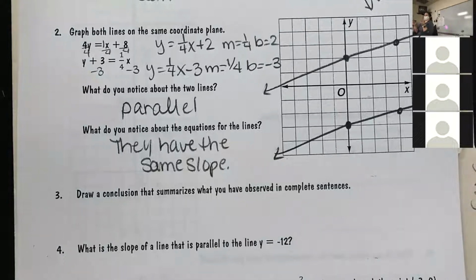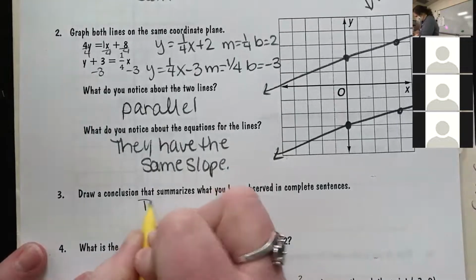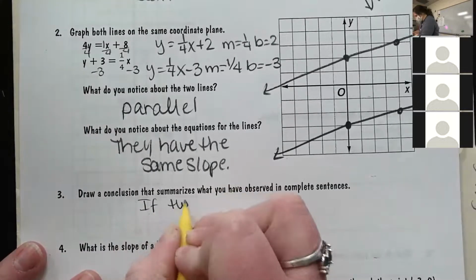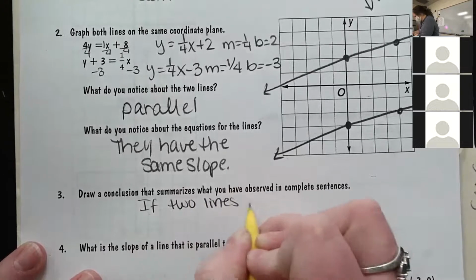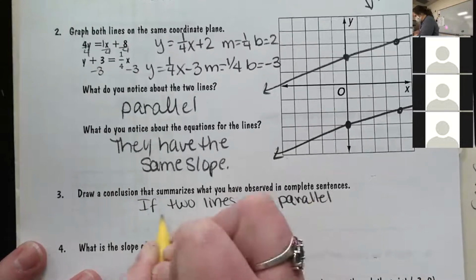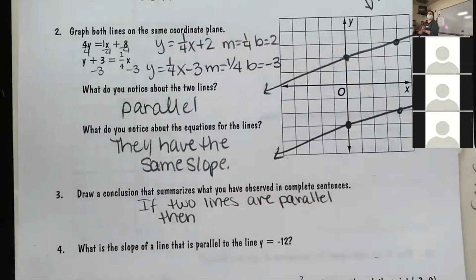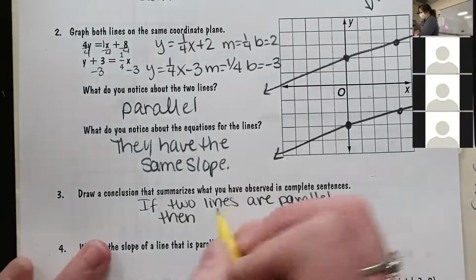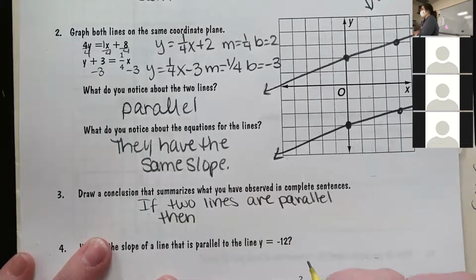What do we notice about the lines? They're parallel. If two lines are parallel, okay, let's start with that. If two lines are parallel, then what? They have the same m, which would be what? Slope.